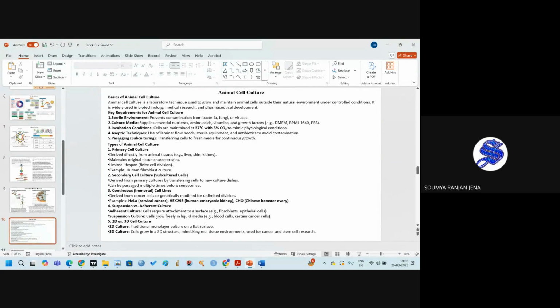After the cells grow, we do passaging, that is called subculture. In subculture, we transfer cells to fresh media for continuous growth. Suppose we keep the cells in culture media with supplements; after the supplements are used up, the cells cannot grow.